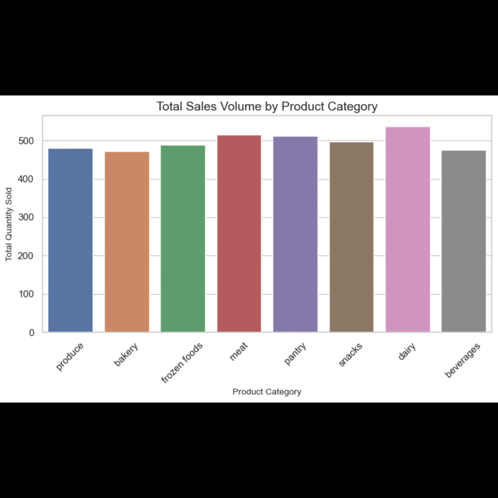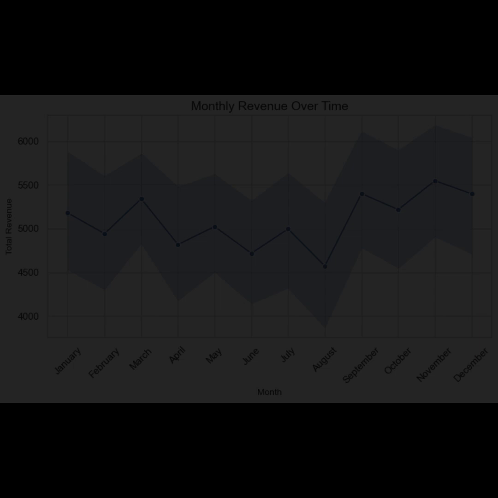For bakery and beverages, they record lower sales volume, suggesting that they are the least popular amongst the product categories listed. Now, overall, this chart provides a clear visual comparison of the sales volume across different product categories, helping us to identify which categories are performing well and which might need a little more attention for marketing efforts.